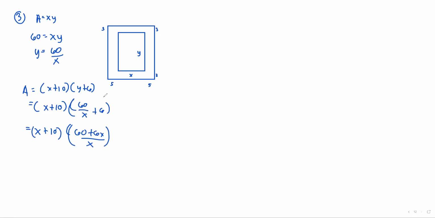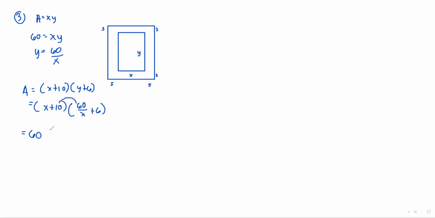Ulitin natin. So magiging 60 over X plus 6, times X plus 10. Next natin is FOIL method natin siya. Alam nyo naman na yan. Di ba?